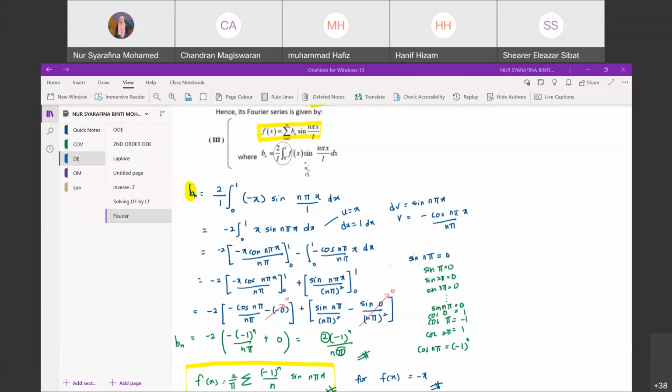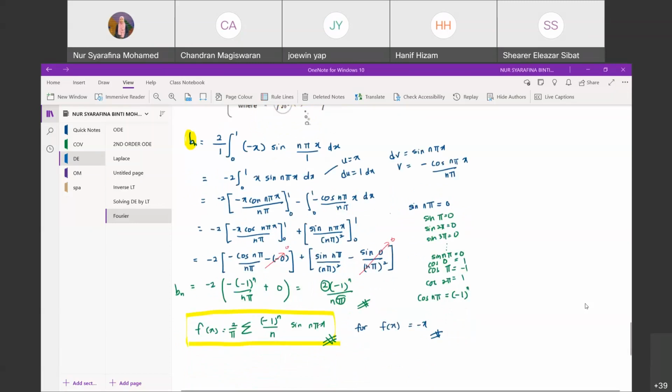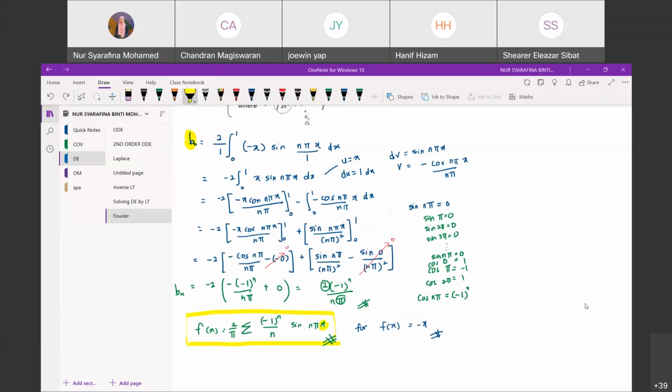Excuse me, doctor. What is the meaning of A? Sine n pi A, where is A in this Fourier series? No, this is x. This is x, n pi x.